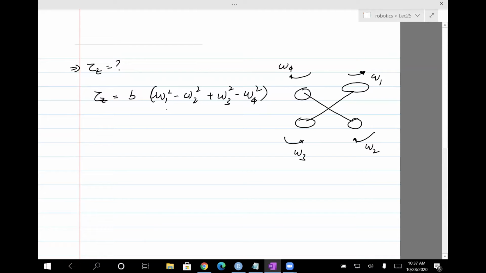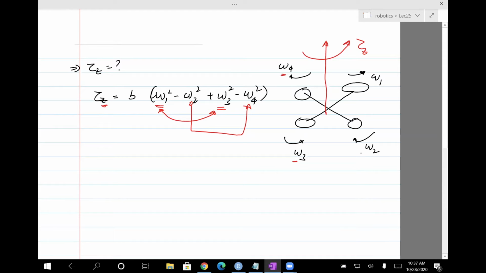So what this equation is saying is that the net yaw, or rotation about the z-axis, is because there are motors spinning in opposite directions. These two induce rotation in the positive z direction, so that's why they have a positive sign. But omega 4 and omega 2 induce rotation in the opposite direction, because they're spinning in the opposite direction here.